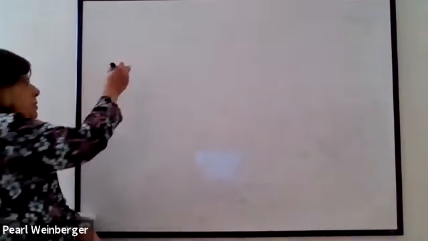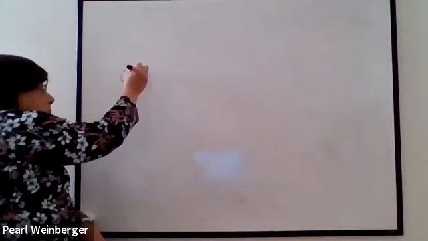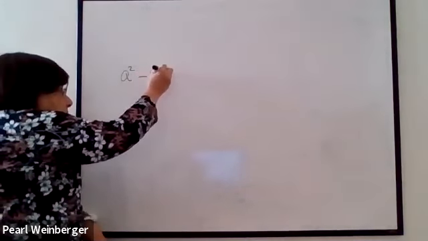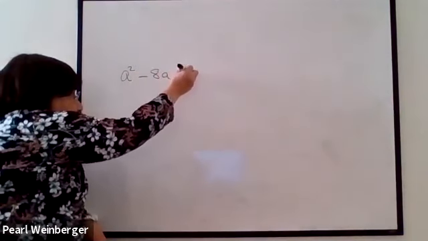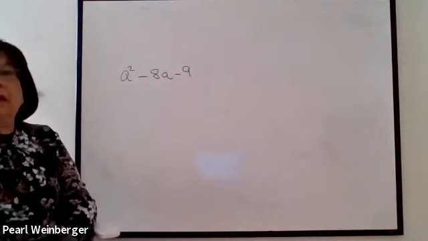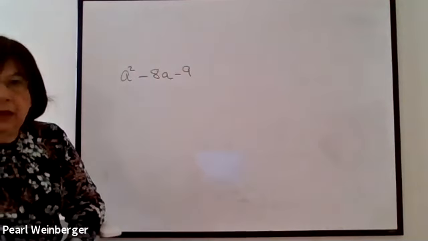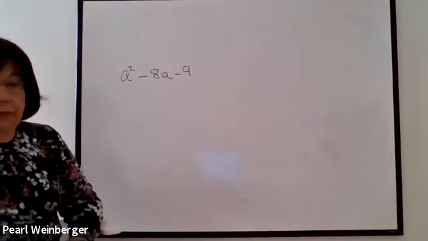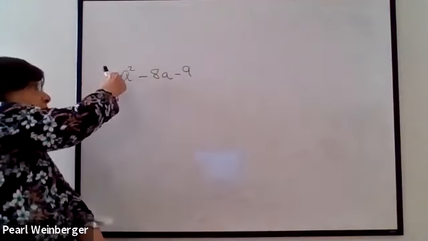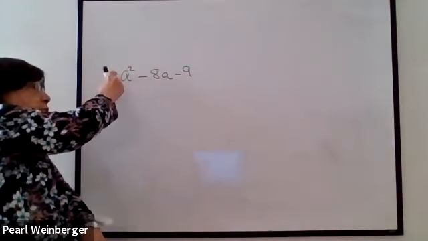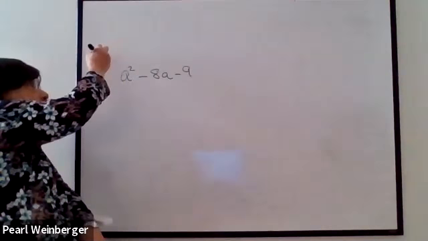something like this: a squared minus 8a minus 9. Let's say I wanted to factor this. This is a trinomial. The leading coefficient, the number in front of the square term, is 1.